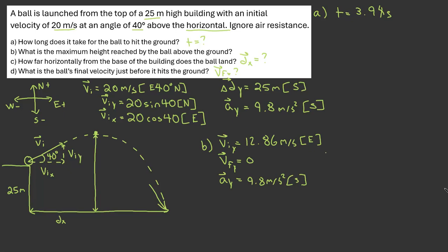The formula that I'm going to use is our final velocity squared equals our initial velocity squared plus 2 times the acceleration times the displacement. All these are vectors.